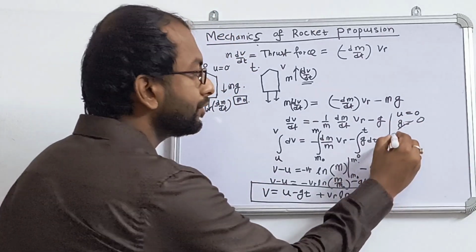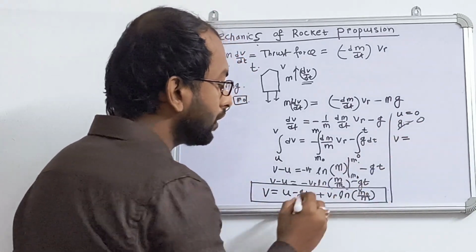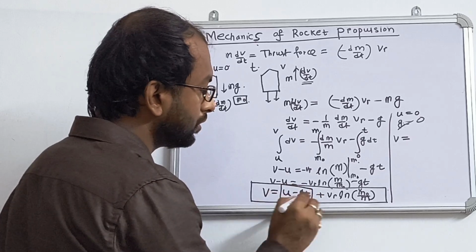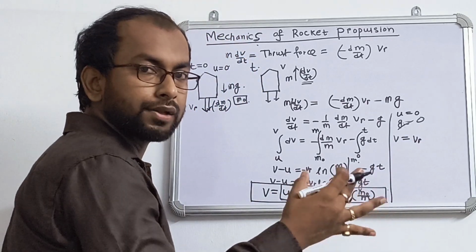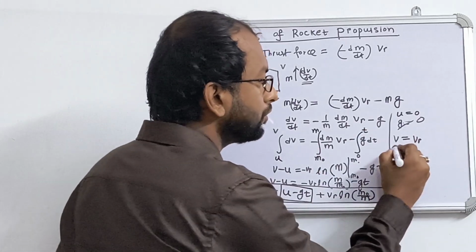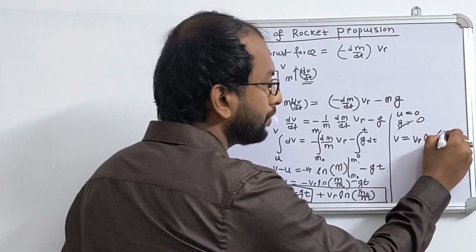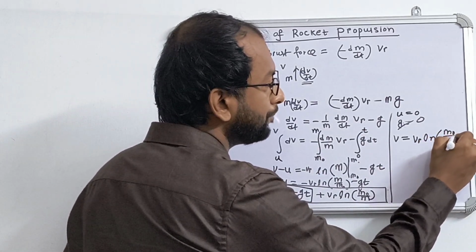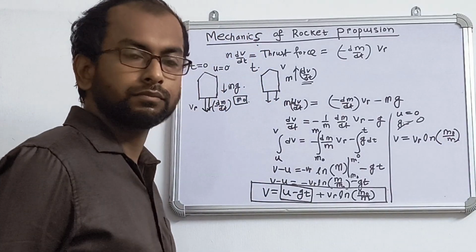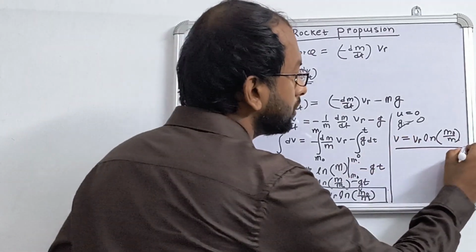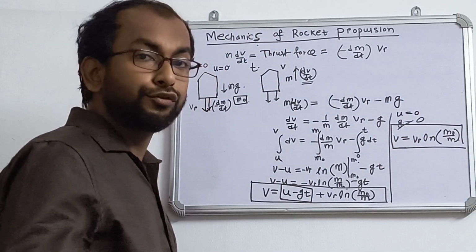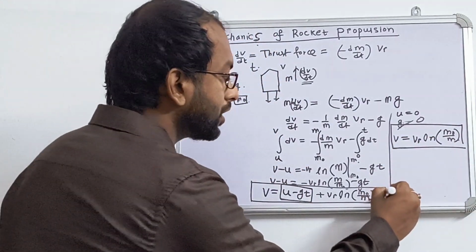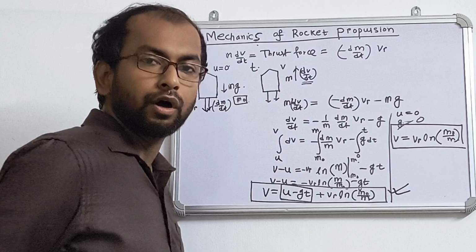So in that case, we can write that v is equal to, all these parts will be 0, v equal to Vr, the relative velocity of mass ejection, into ln(m naught/m). So this is our equation of velocity if we neglect gravity, and this is the actual equation of rocket propulsion.